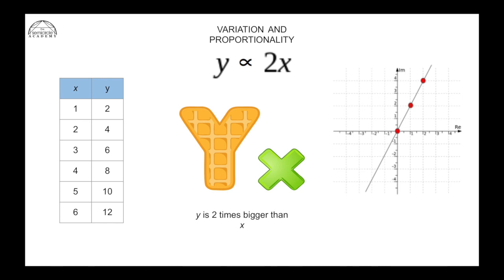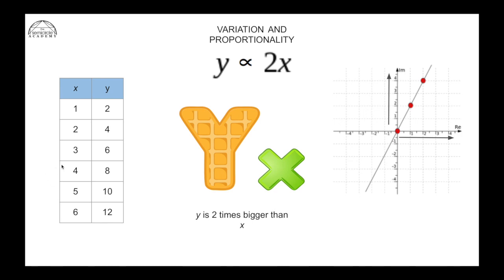Now, if we look at the graph of y is equal to 2x, we'll notice something really, really important. And I'd like you to pay close attention to this, right? If we look at the graph, you'll see that as the x values get larger, the y values also get larger.